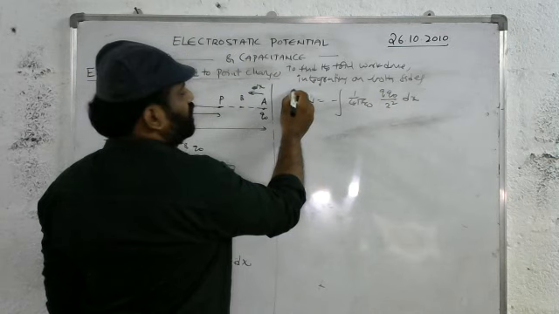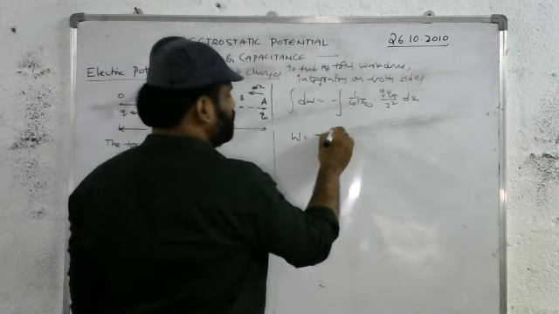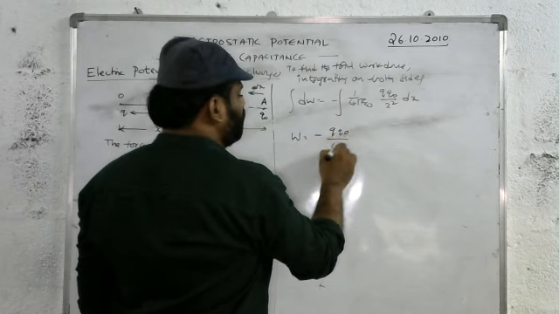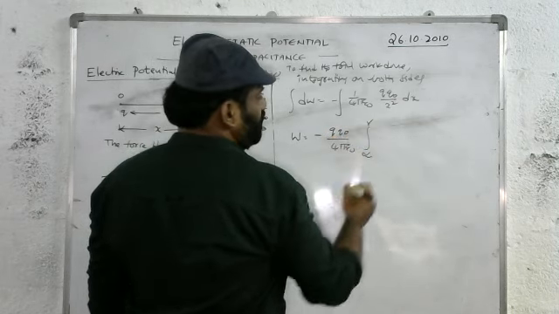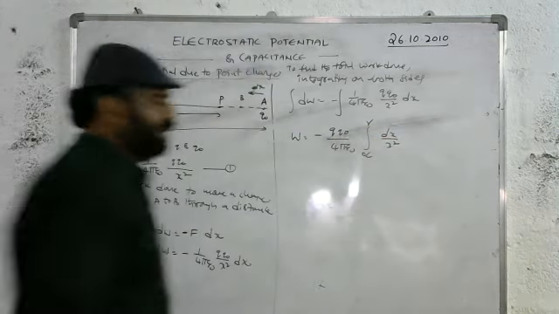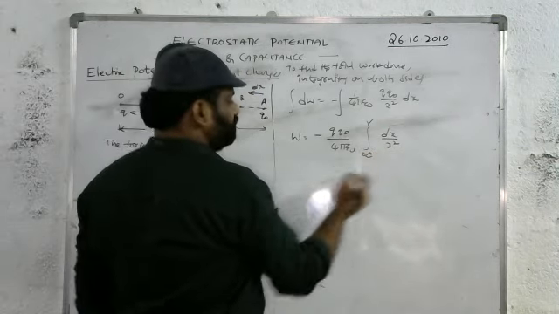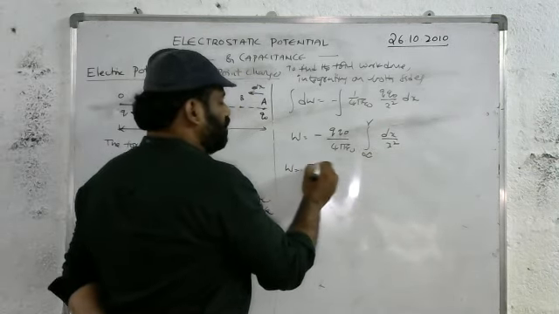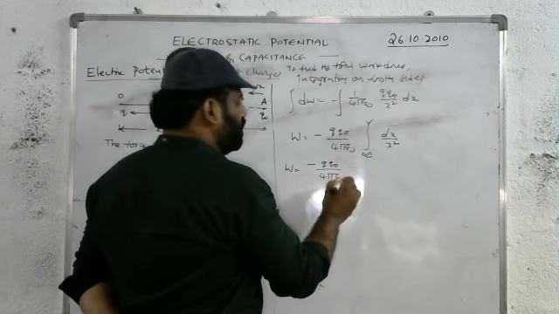So W is equal to minus Q Q naught by 4 pi epsilon naught, integral from R to infinity of dx by x square. We have to keep the limits from R to infinity.